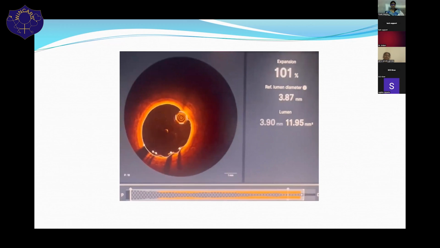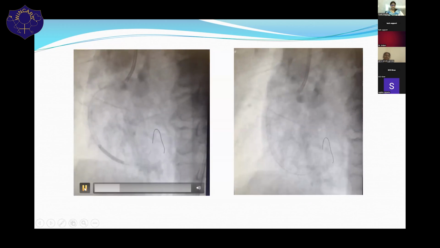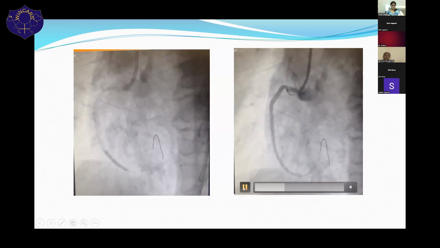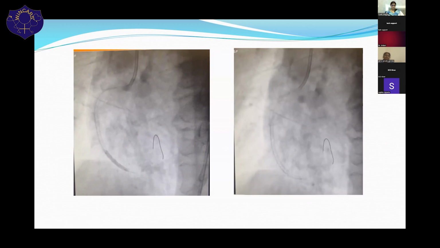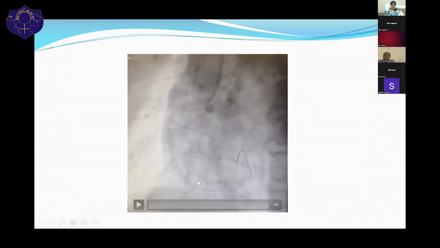So after the OCT run, we again post-dilated distal RCA and mid RCA also. This is the distal RCA. But this is the final result. After the post-dilatation, we did not do any OCT run. Final result, we felt it is good. So this is the final result of both the LCX and RCA.